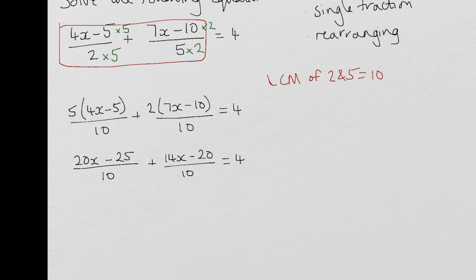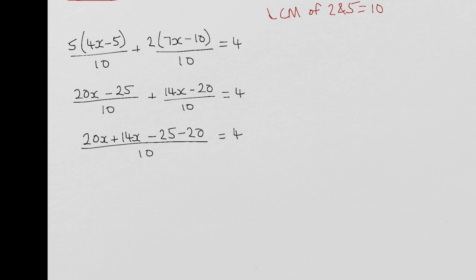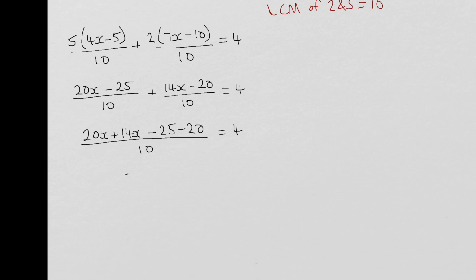So I'm going to write this all as a single fraction now, because they've got the same denominators. I can do that. 20x plus 14x, subtract 25, subtract 20, and that's now all over 10, and is still equivalent to 4. So that's going to give me 34x minus 45 all over 10, and is equal to 4.